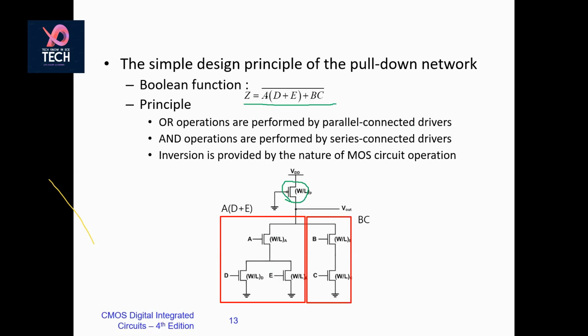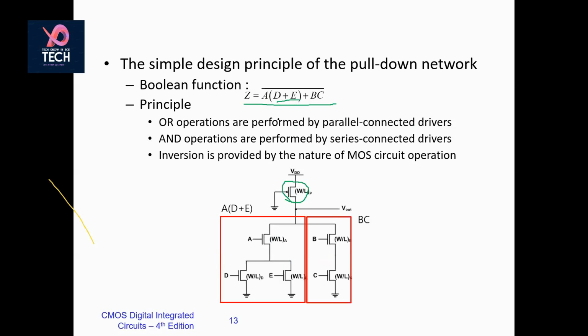Pull down network means here you can see A multiplied by D plus E. Multiplication means series, which we have seen in the beginning slides, and addition, or OR operation, means parallel in case of NMOS. In case of PMOS, they are inverse.